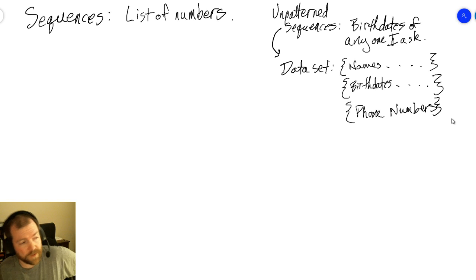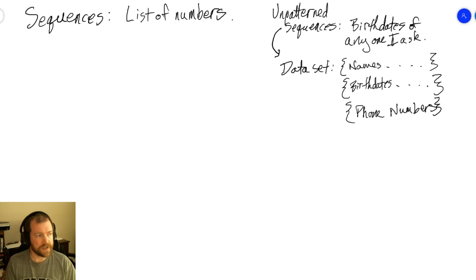So we could do all sorts of stuff with data sets. These can be sequences and they don't have to mean anything necessarily.